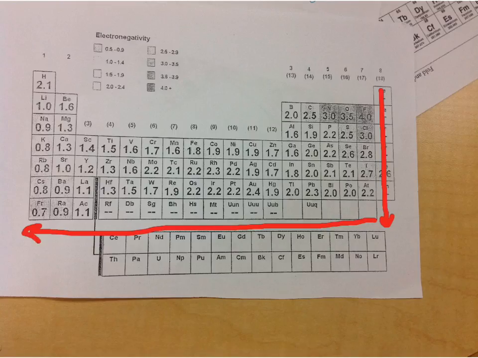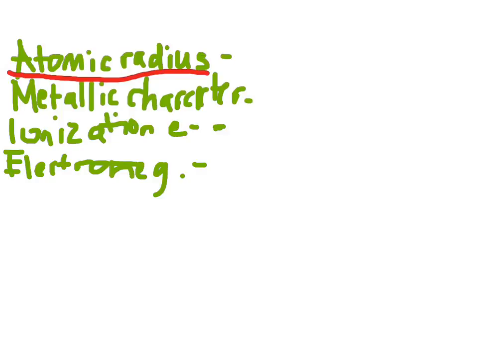Because it says it decreases across a period, but when it says that, it means going this way. So, oops, I almost clicked clear all. So these arrows are both increasing. So I'm going to write those down. So if it goes down or it goes that way, it's increasing. Alright?